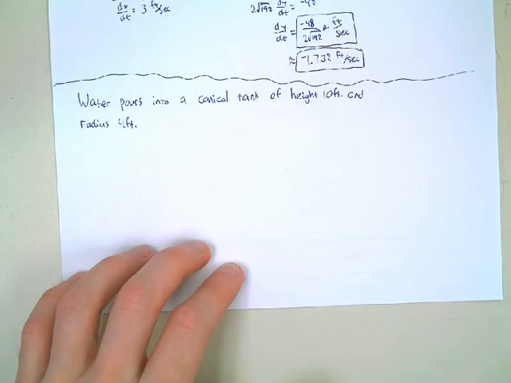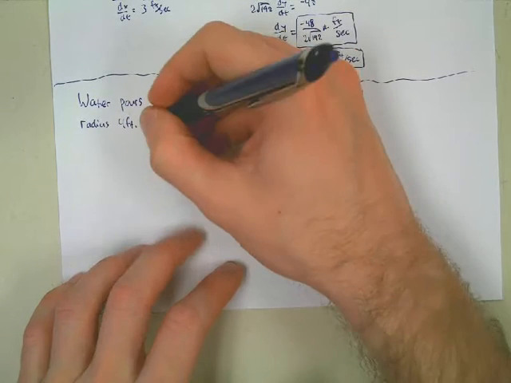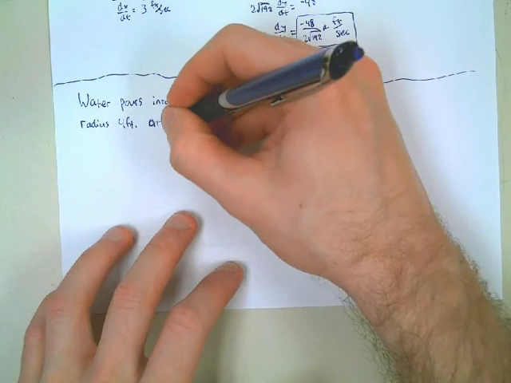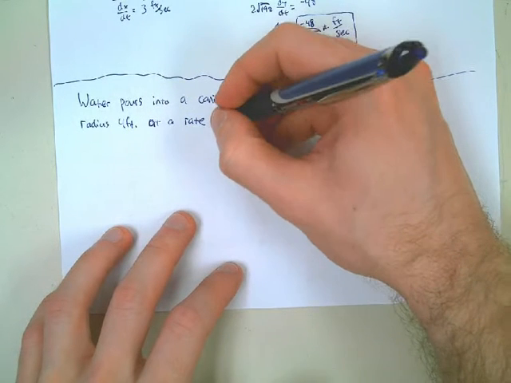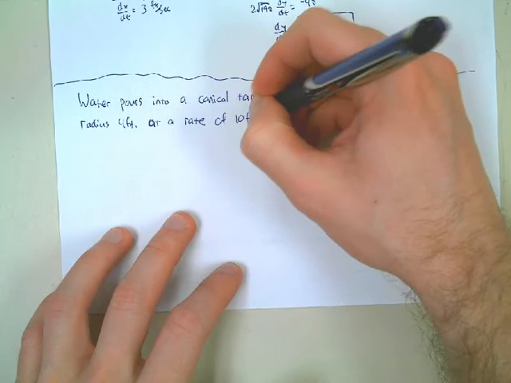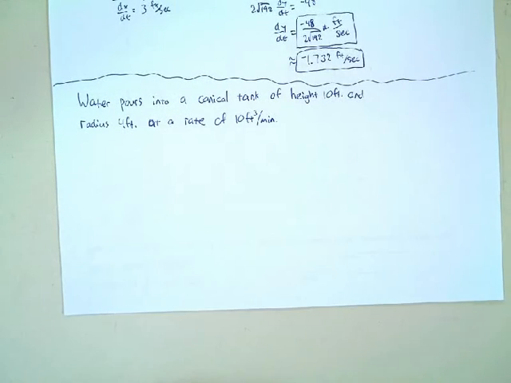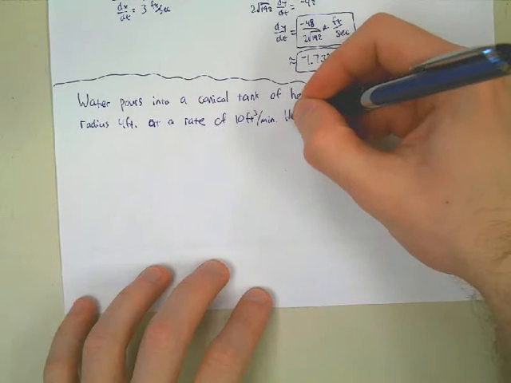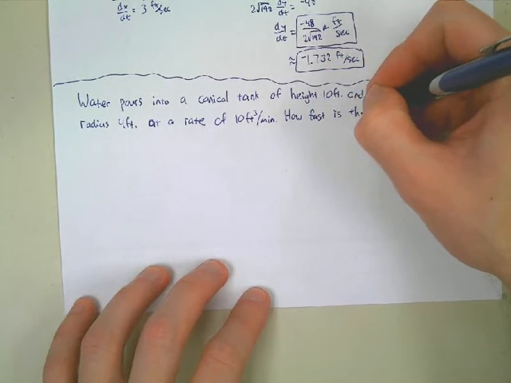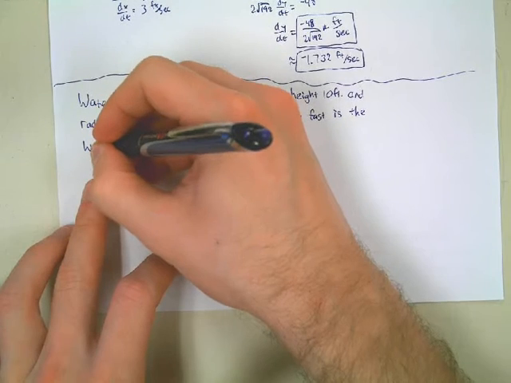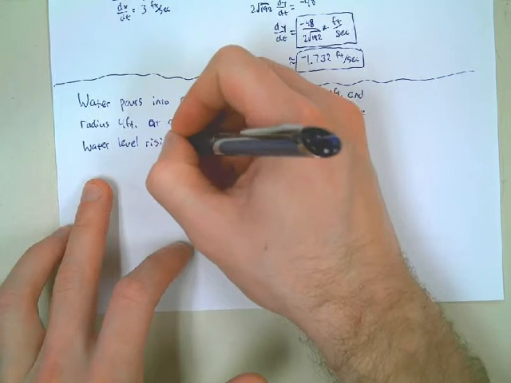Water pours into a conical tank of height 10 feet and radius 4 feet at a rate of 10 cubic feet per minute. How fast is the water level rising when it is 5 feet high?